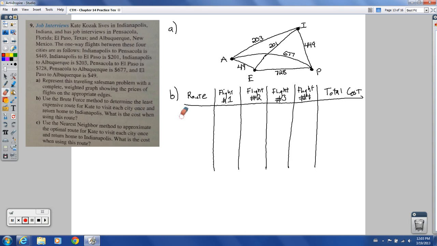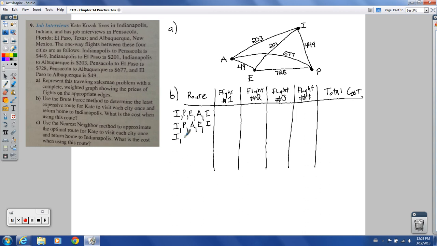And so let's find each route. There's supposed to be 6 of them. There's 3 factorial, or 6 different possibilities, 6 different ways to go. So we could do I to P to E to A back to I. That's one possibility. We could go I to P to A to E back to I. That's another possibility.